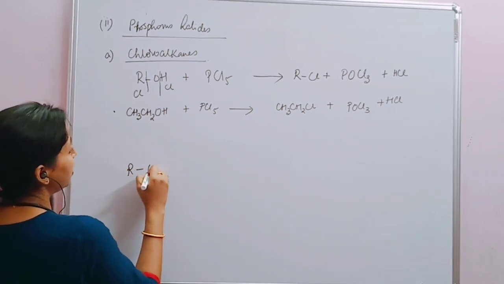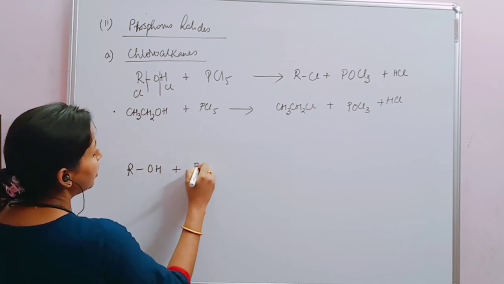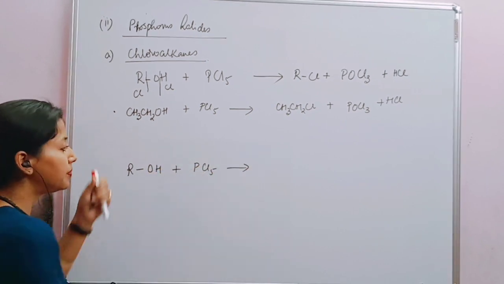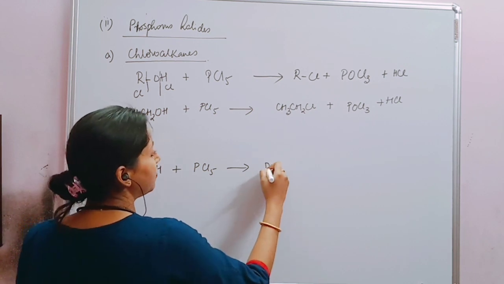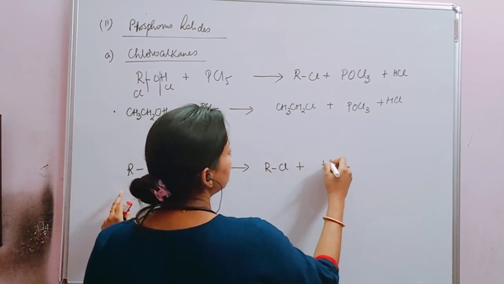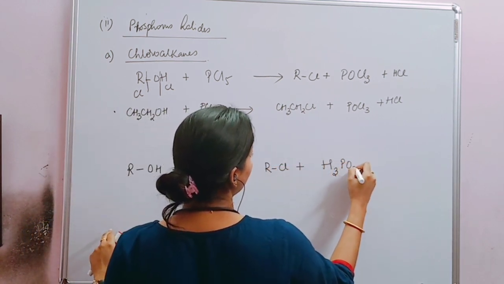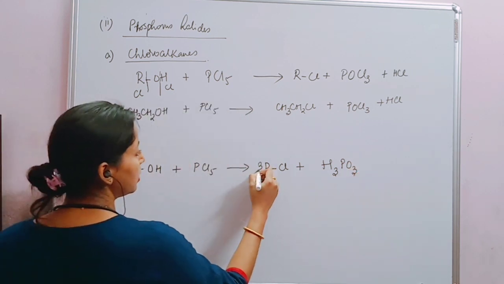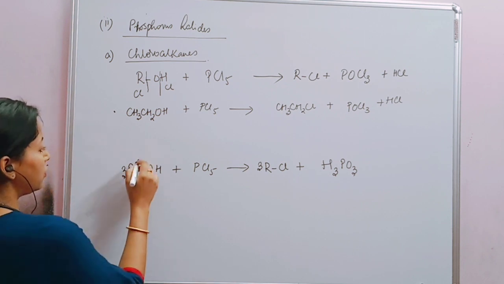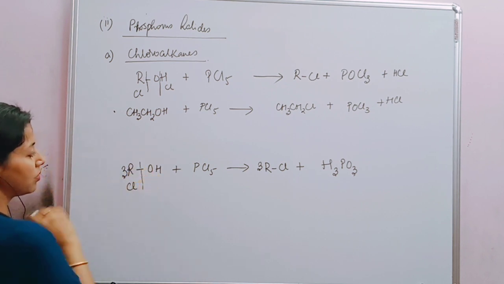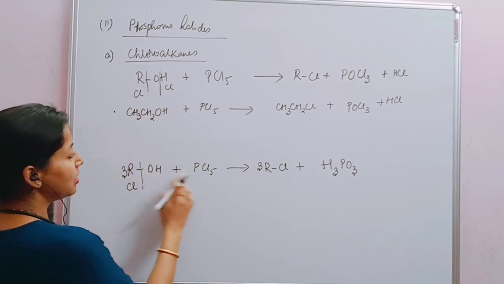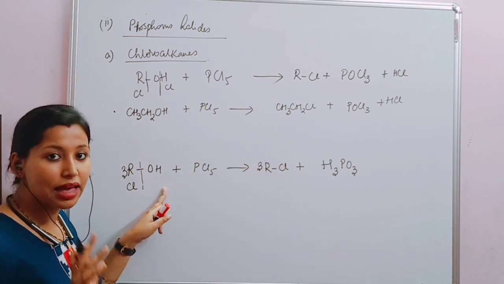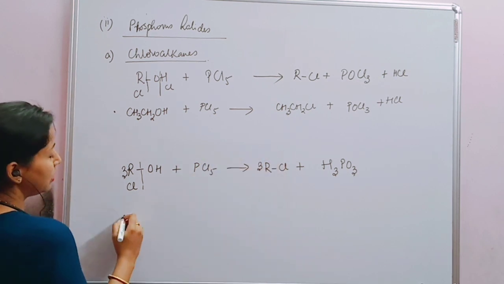This and the next one. The second one is alcohol plus phosphorus trichloride, which will give you RCl plus H3PO3. We'll balance the reaction first, 3 here and 3 here. With your alkyl group goes the chlorine, and the rest will be your phosphorous acid. Let's do the same example.